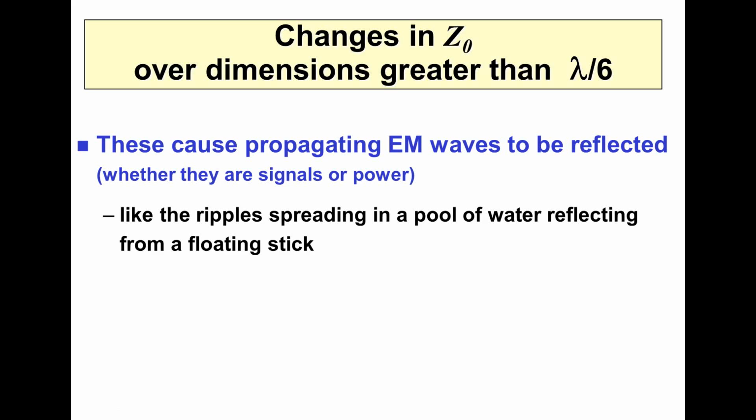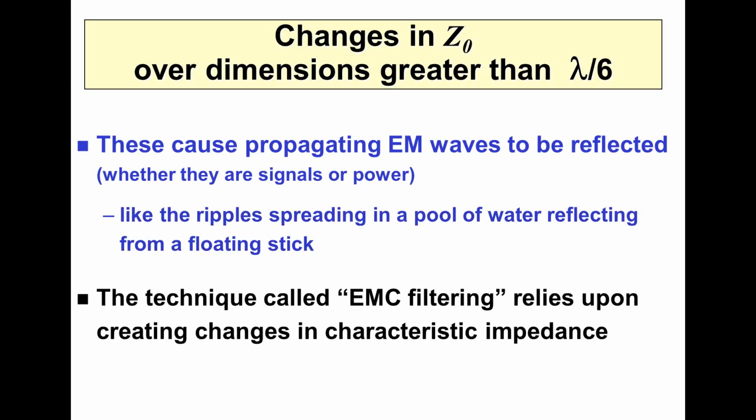That's because the stick floating in the water creates a mismatch in the surface tension, the surface impedance, with the water. Same thing for EMI, or I should say electromagnetic propagation. We use this technique to create electromagnetic filtering, and also to create shielding. That's how we do it. We change the Z0.